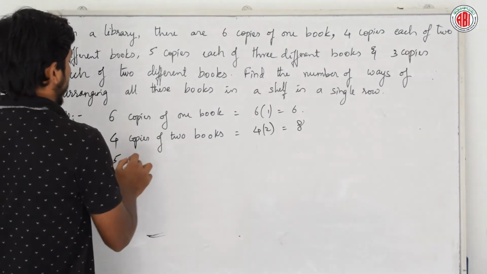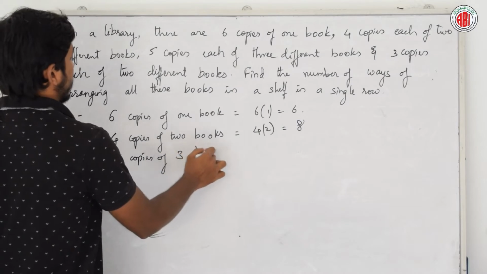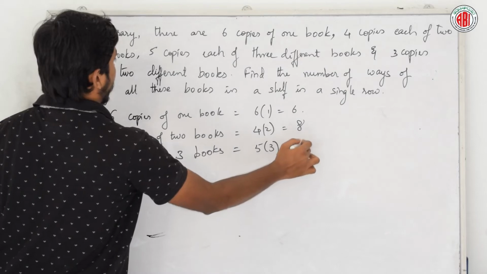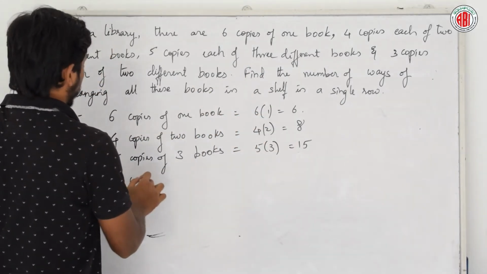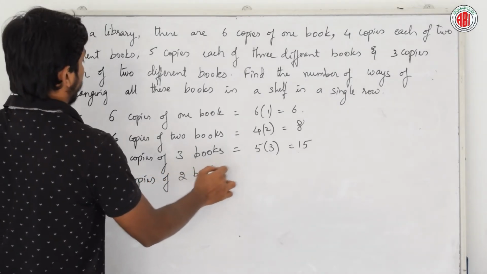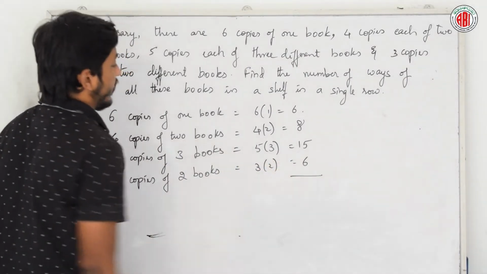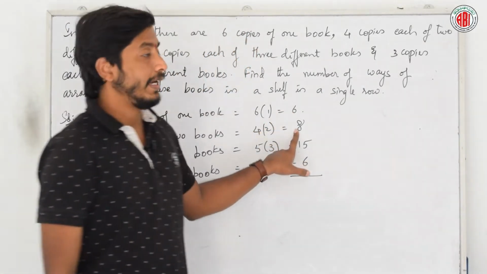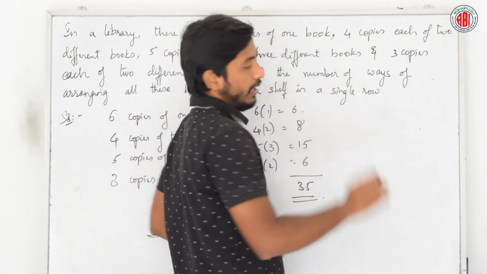Next, 5 copies of 3 books, so 5 into 3 is 15. Next, 3 copies of 2 different books, so 3 into 2 is 6. Now add everything. 6 plus 6 is 12, 12 plus 8 is 20, 20 plus 15 is 35 in total.